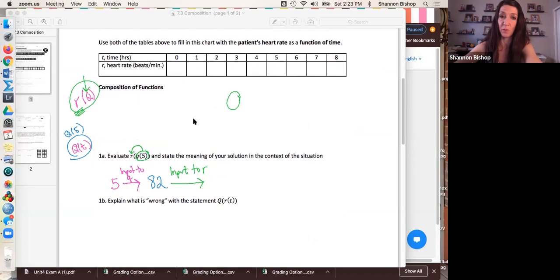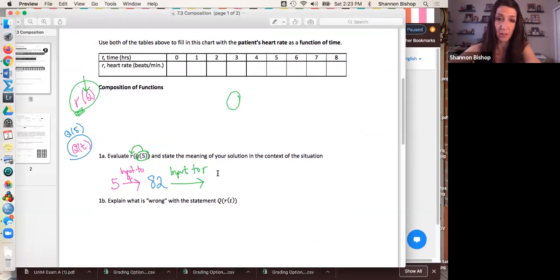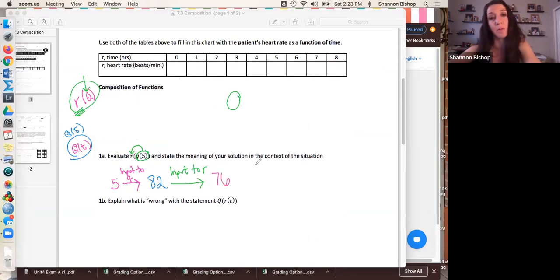Which of course, what does that end up meaning? So, there we go, 76. And what does that mean? It means that our heart rate is 76 beats per minute.